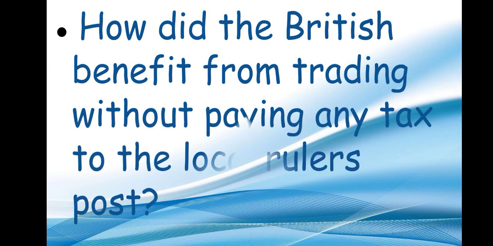Now, how did the British benefit from trading without paying any tax to the local rulers? British benefited by saving tax to make higher profits. They convinced the farmers to sell their products or goods at a very cheap price.